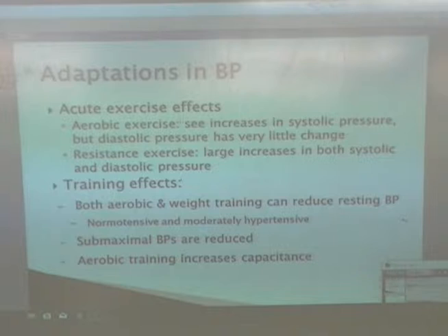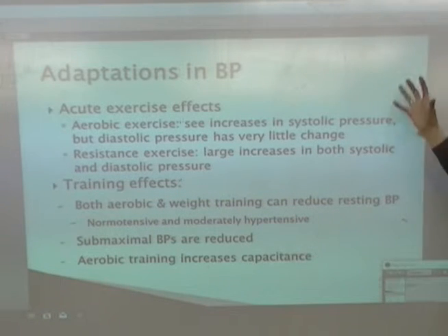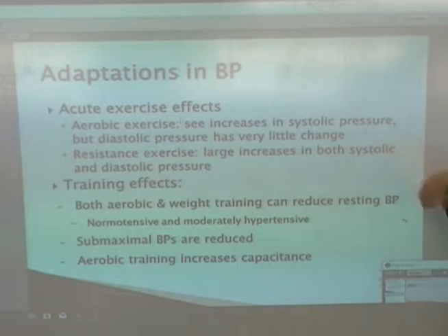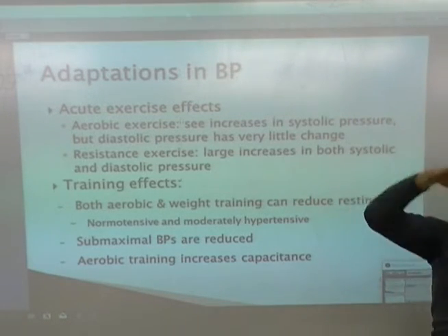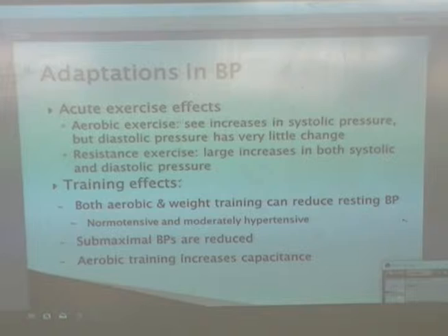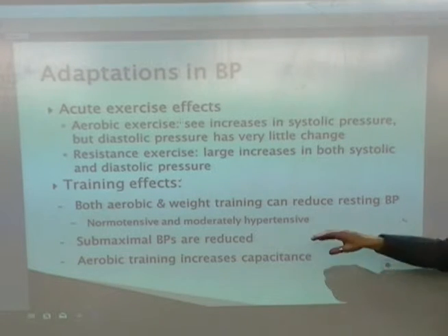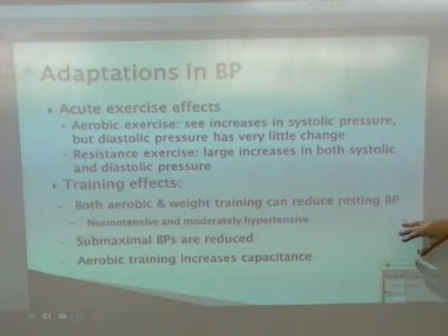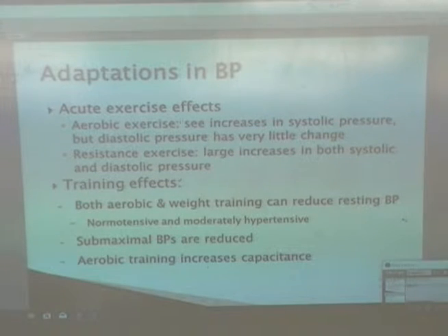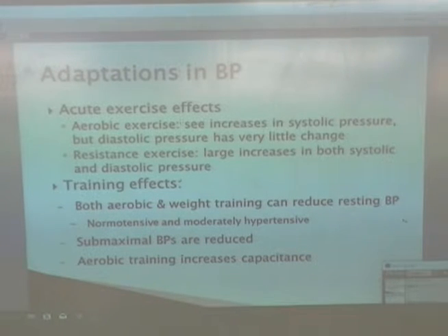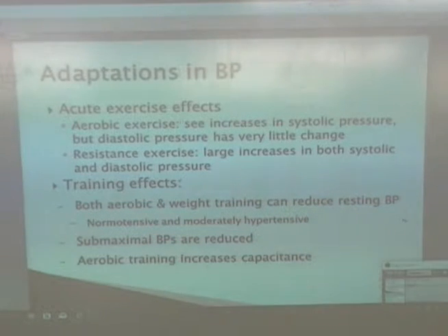But a drop in resting blood pressure is great, because then when I add in the extra blood pressure for the training, I'm still looking at an overall lower blood pressure for that individual, right? So you can see it drop up to 10 millimeters of mercury, which is quite useful for some of these individuals. Also, if their resting blood pressure is down, we're likely to see lower submax blood pressures. So while they're exercising, their blood pressure will be lower than it was previously.